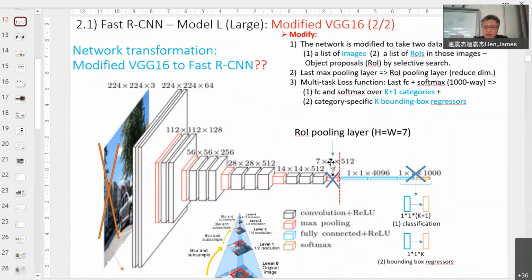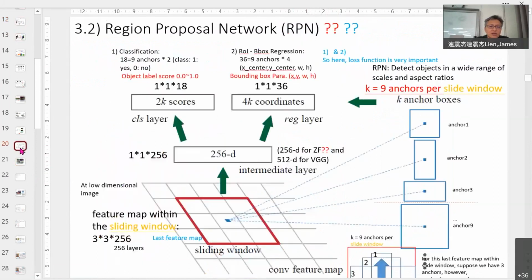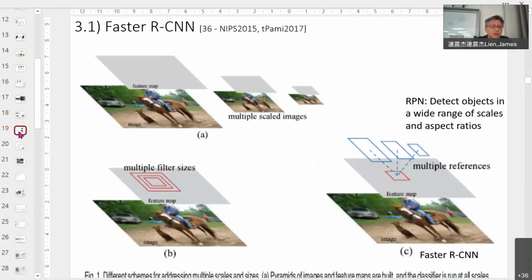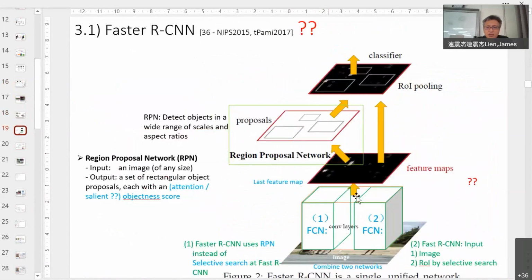So this one is this one, and this is the output here. The output here is, suppose, 7 by 7 by 512 maps.